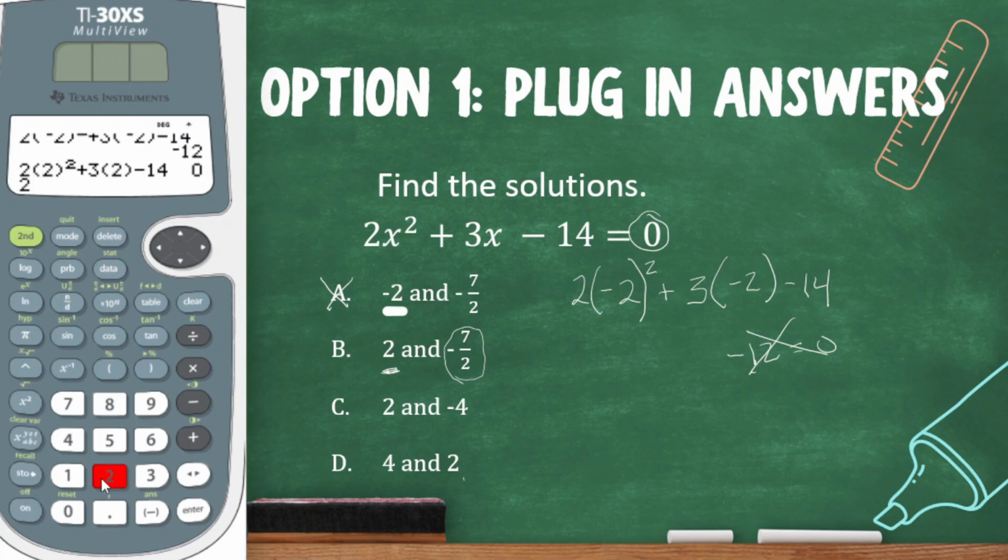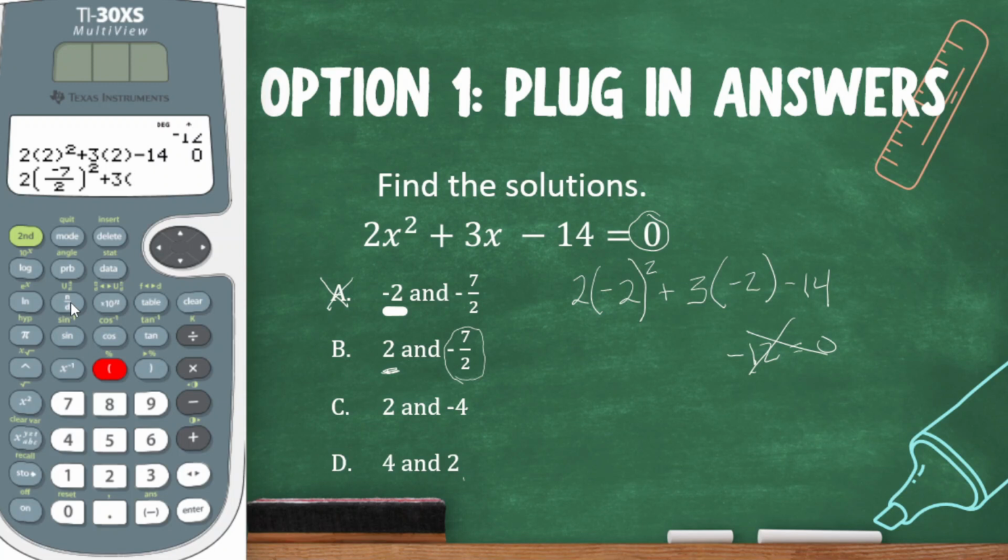So let's enter -7/2. I'm going to press this little fraction button. There we go. -7/2. Press down to get down in there. Then I'm going to press the right arrow to get out of that fraction. Close the parentheses, square it, plus 3 parentheses.